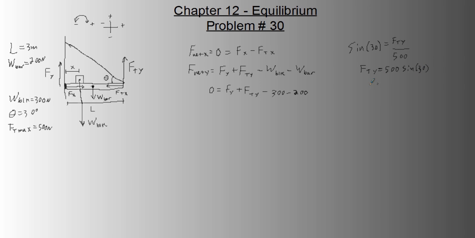And accordingly, Ftx, which we don't actually end up needing, is 500 cosine 30. So we can actually say 0 equals Fy plus 500 sine 30 minus 300 minus 200. And that allows us to solve for Fy. So Fy equals 250 newtons. That's nice.